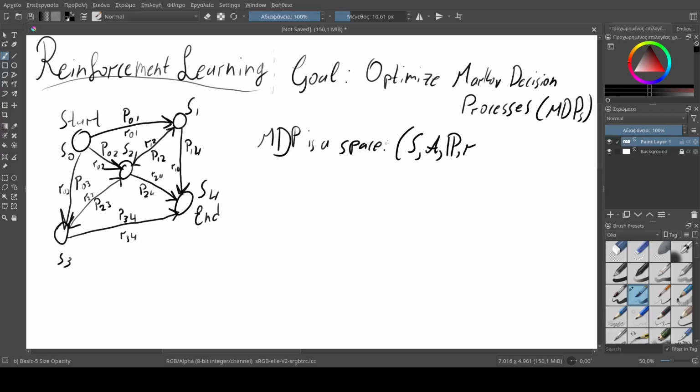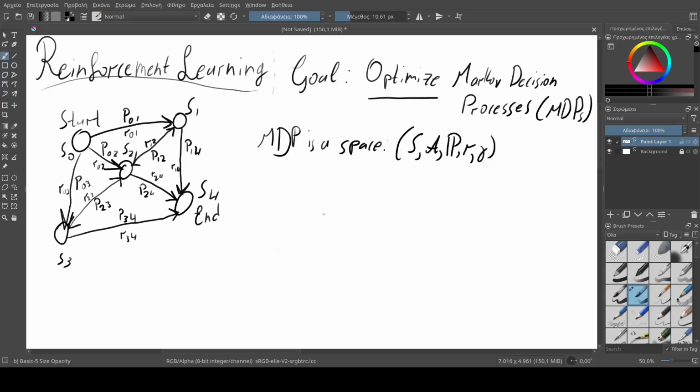So an MDP is a mathematical space with S, the state space, the action space, the transition probabilities, and the reward function. And we also have gamma, which is the discount factor. A discount factor becomes clear very soon as to why it exists. So the goal of reinforcement learning is to optimize the Markov decision process.